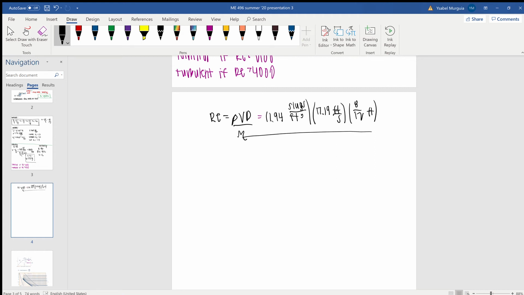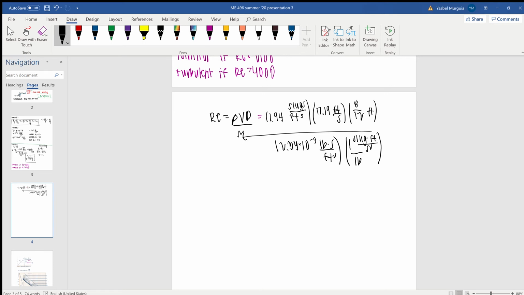And my viscosity, which I found in the textbook, was defined to be 2.34 times 10 to the negative 5 pounds second per foot squared. I do want to include the conversion that 1 pound is equal to 1 slug foot per second squared.